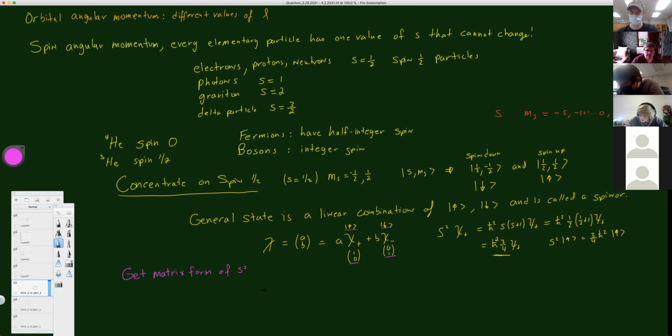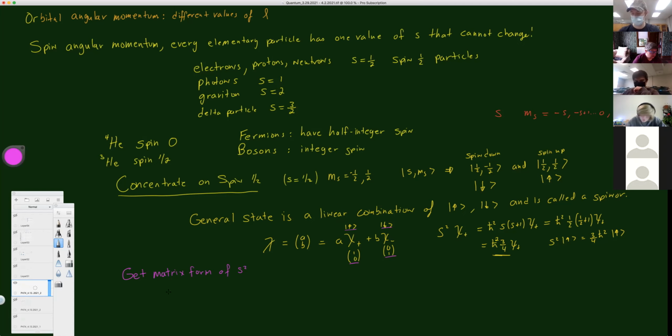And if you remember from chapter 3, how to get matrix elements of your operator, you're basically writing your operator in the basis of the plus, of the up and the down, right? So you're using your up and down kets as your basis to express your operator in a matrix form.